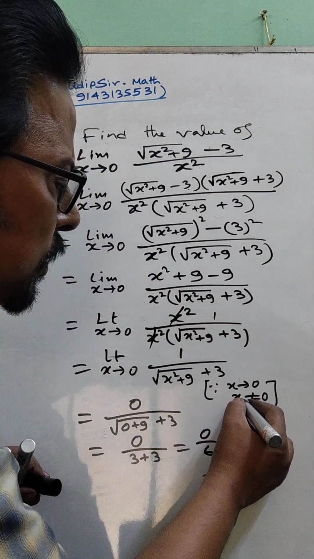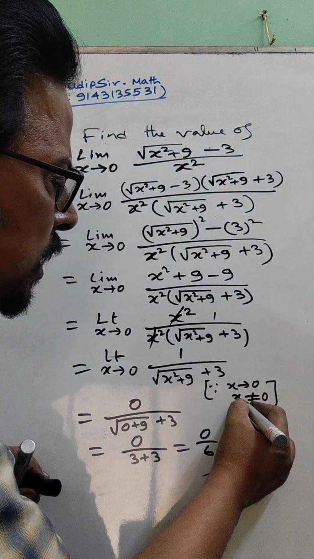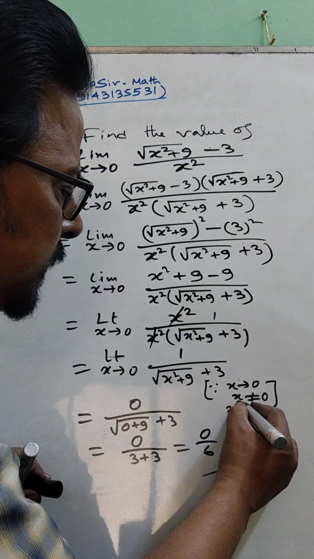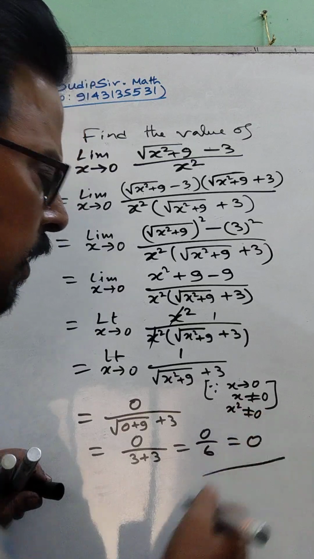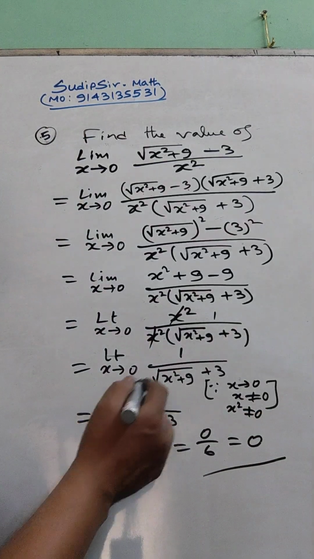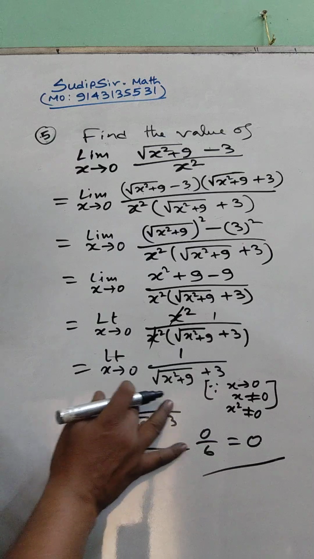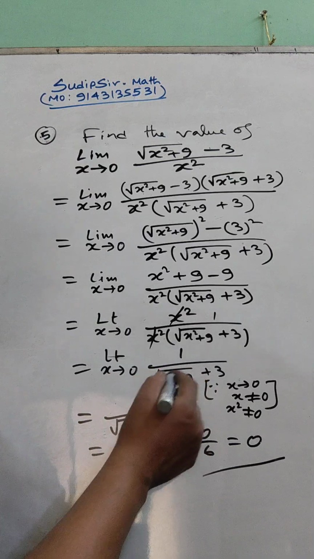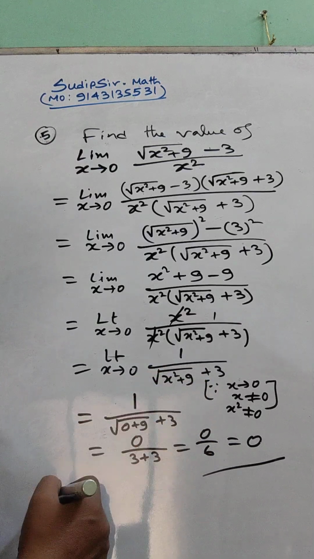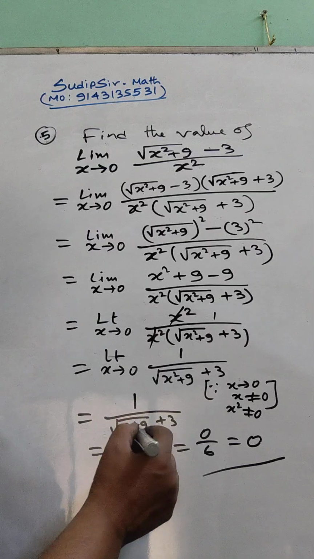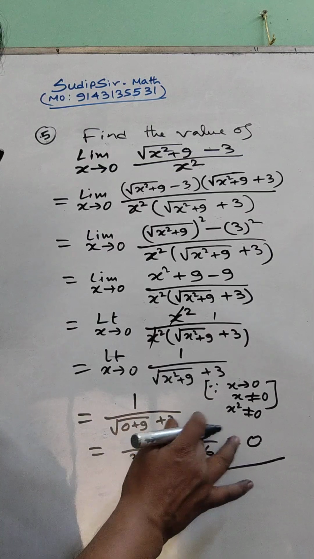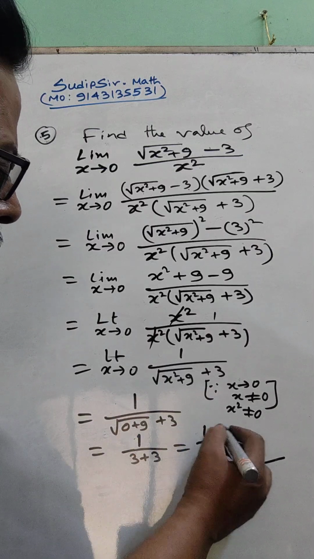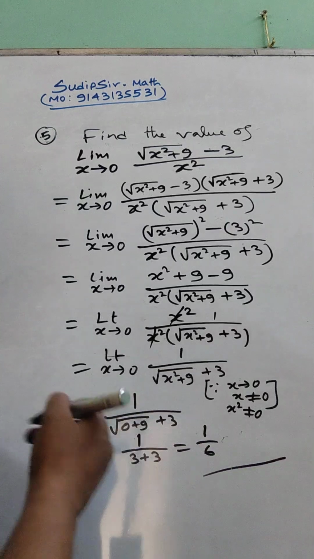And you have to give the note x tends to 0, x not equal to 0, that is x square not equal to 0. Now put the same value 0, this is 1 and this is 1, and your answer will be 1 by 6. Clear?